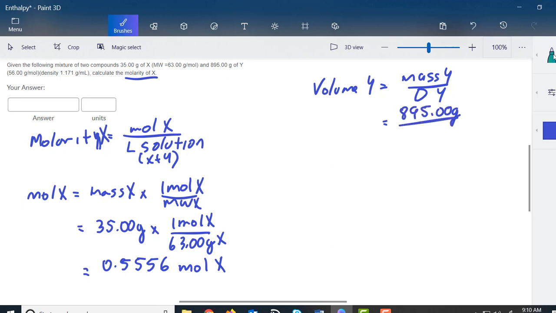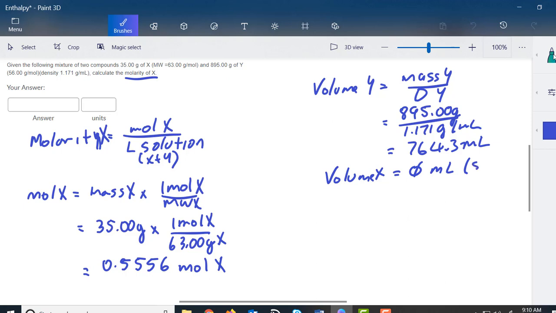The density is given as 1.171 grams per mil, which comes out to be 764.3 mils. The volume of X is 0 mils, because X is a solid.